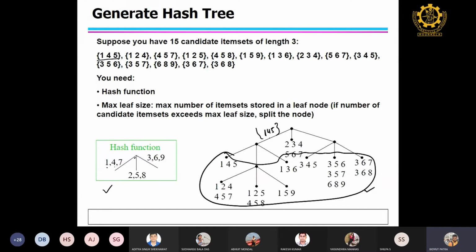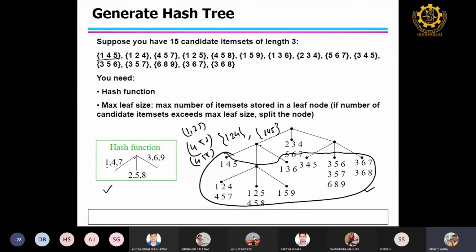Then 124, which again starts with 1, so we have 124 here. Then 457, which starts with 4, goes on the left side. Then 125, again starting with 1. Then 458, which again goes on the left.